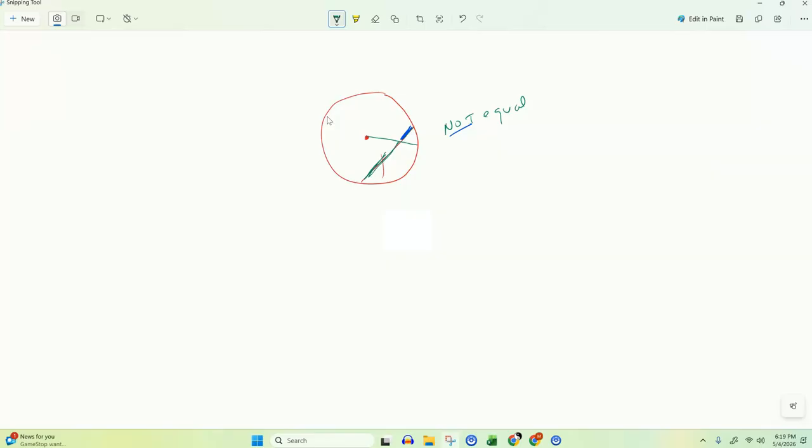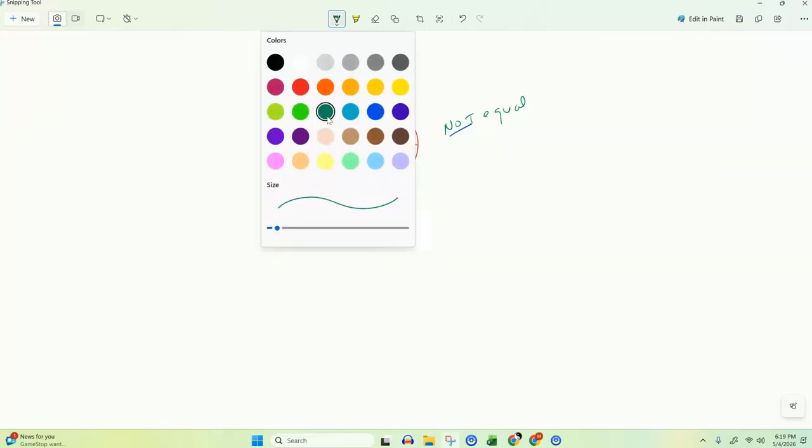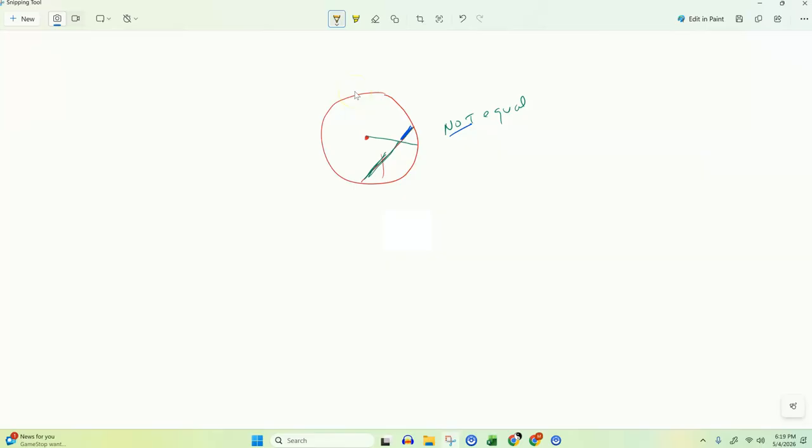But if I go like this, let me do purple, okay? But if this line comes through and intersects it at a 90-degree angle, a right angle, 90 degrees, then it is equal, okay? So that means this piece right here is equal to this part right here. They're both X, so they're equal, okay?